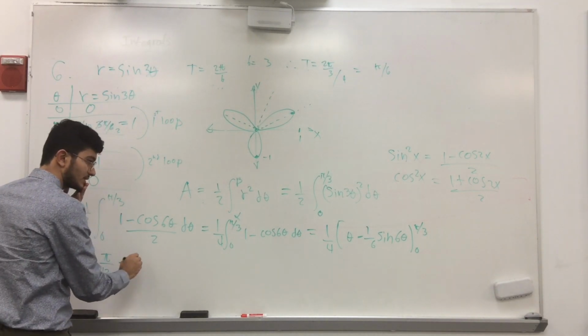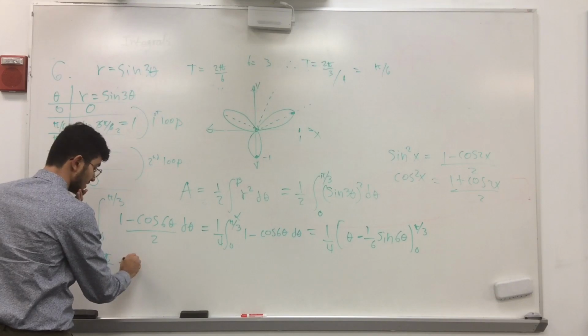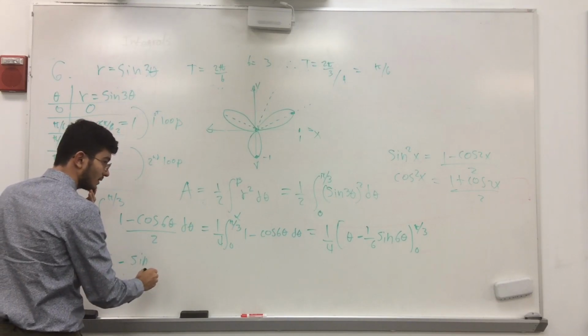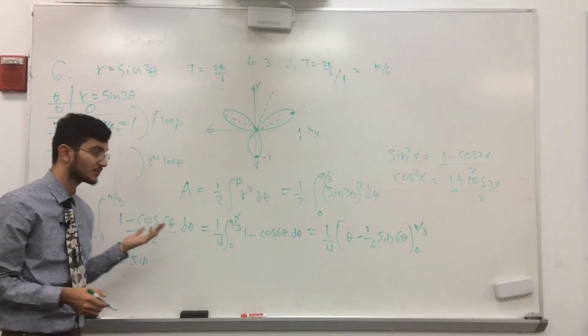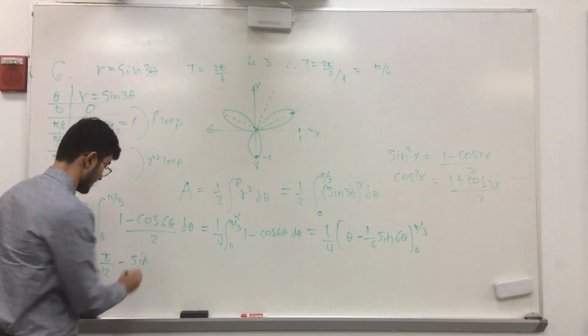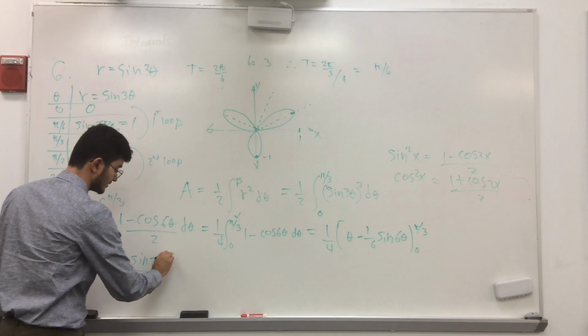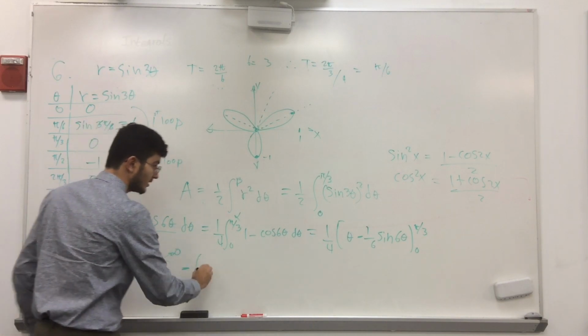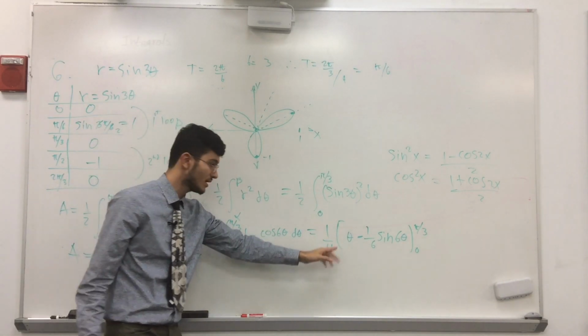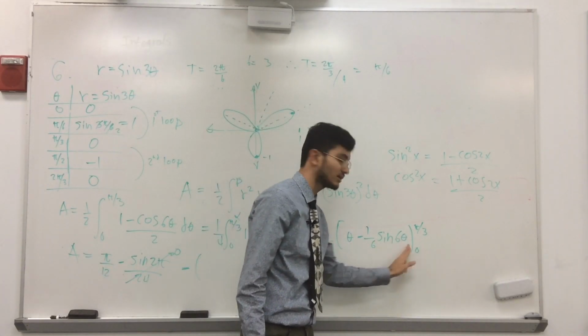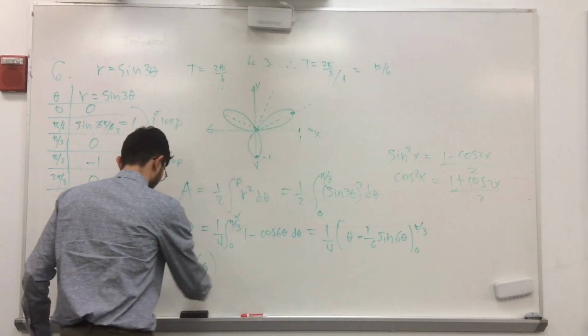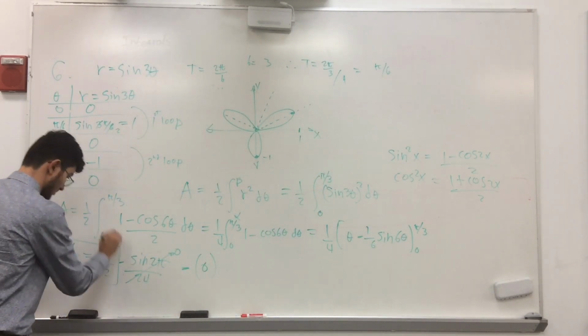Minus 1 over 6 times 4, which is 24, times sine of 6 theta, which is 6 pi over 3, or 2 pi. Sine of 2 pi is 0. Then we subtract the function evaluated at 0: 0 minus sine of 0, which is 0. So the value of the area is pi over 12.